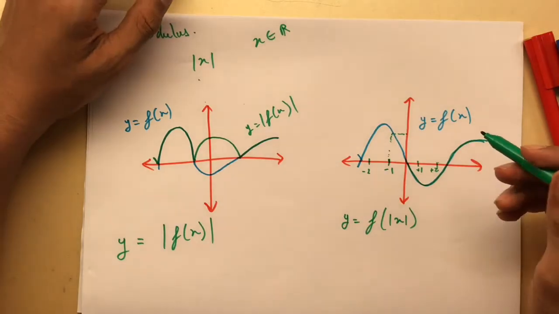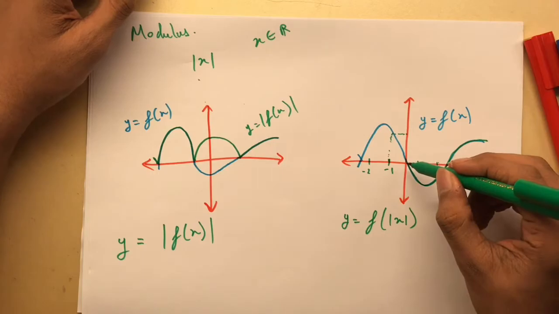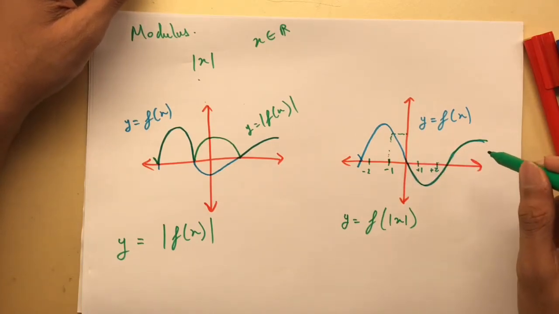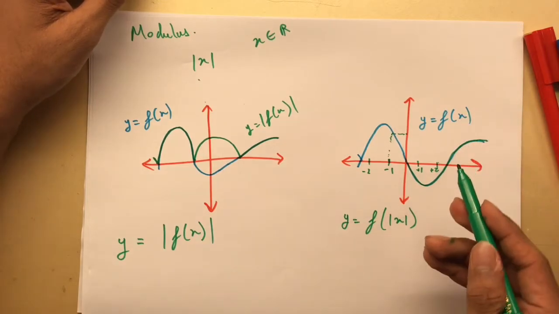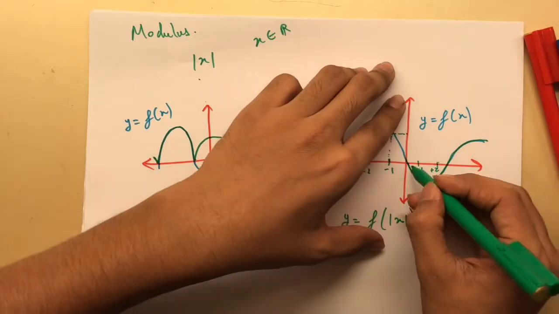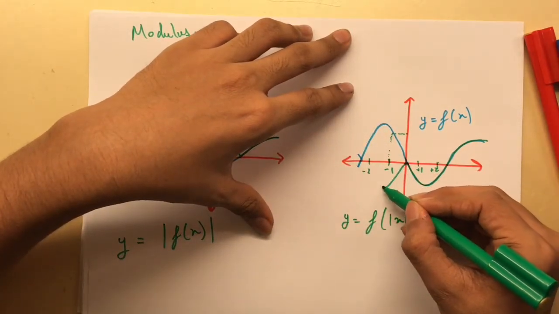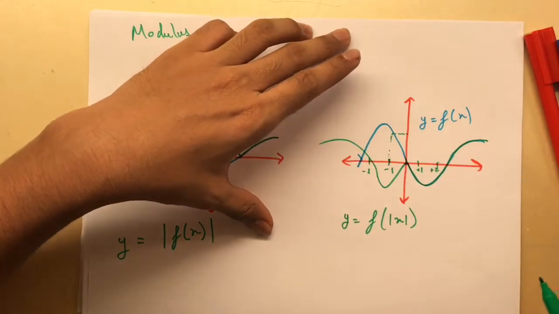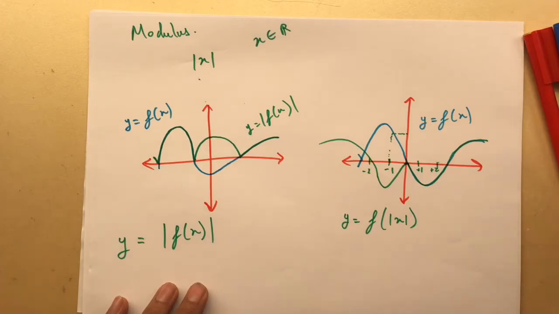So what you do when you want to make this transformation is that you leave everything that's on the right of the origin the same regarding the x-axis, but whatever's on the left of the origin, you just forget about it and then reflect what's on the right of the origin again along the y-axis. And that's what the function for y is equal to f of modulus x is.